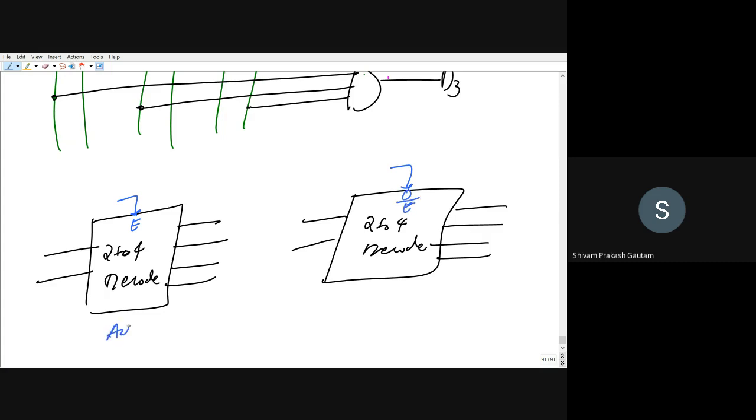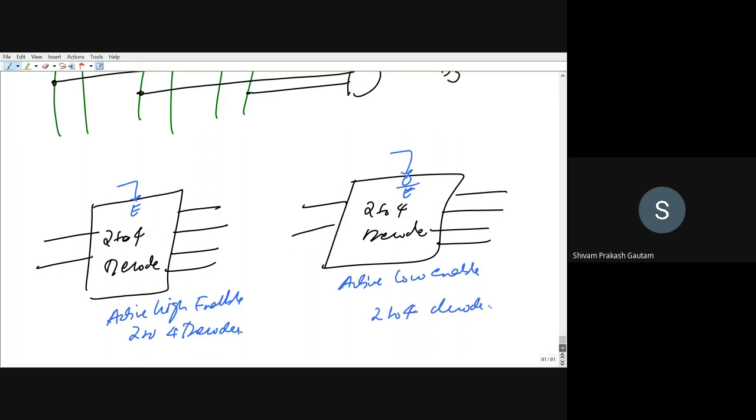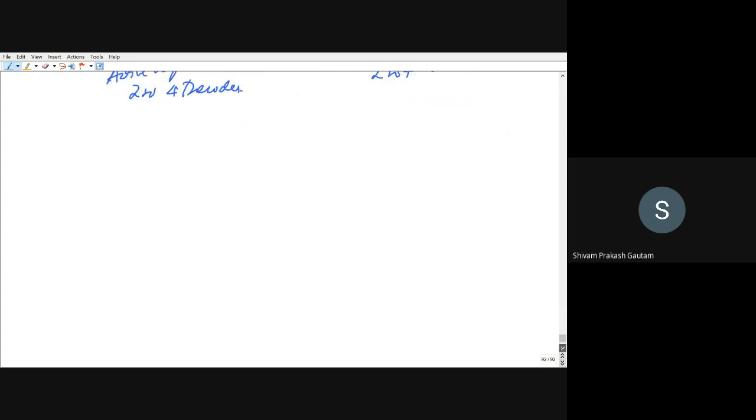So this will be active high enable, and this will be active low enable. Okay. So this is regarding the 2 to 4 decoder. Similarly, you can have a 3 to 8 decoder.